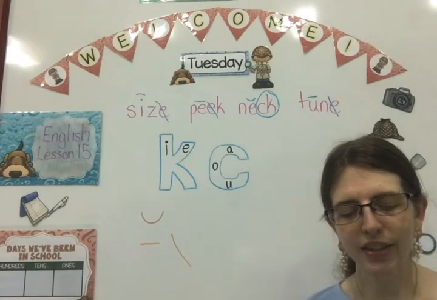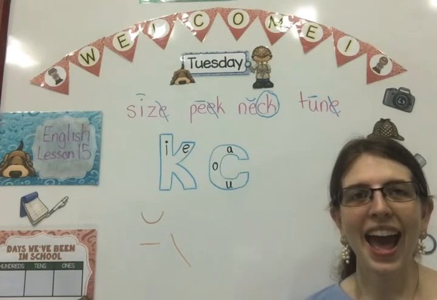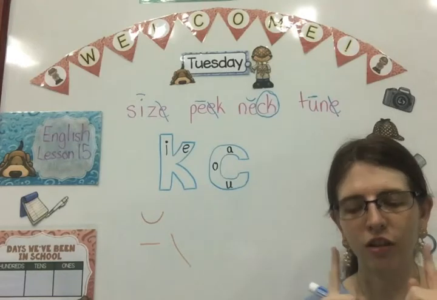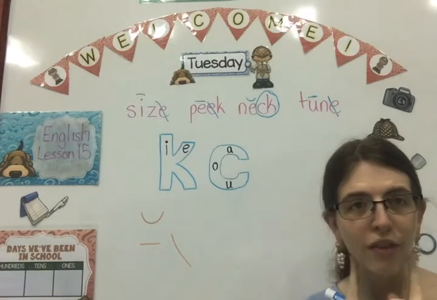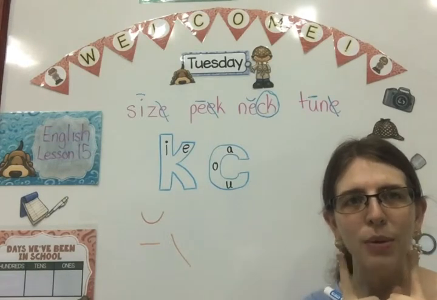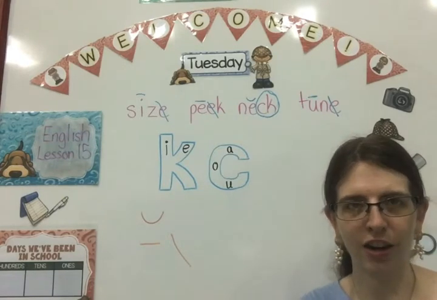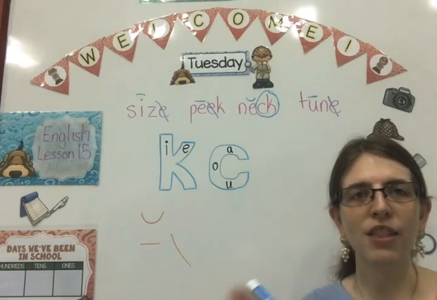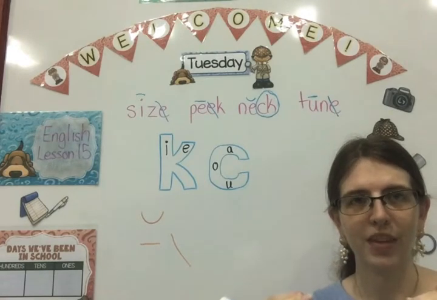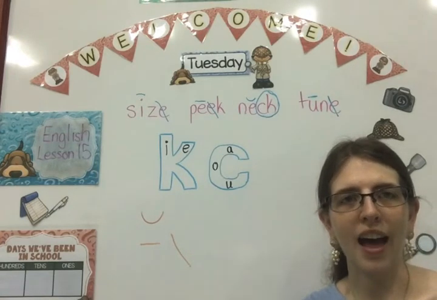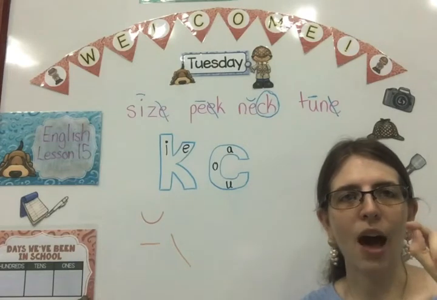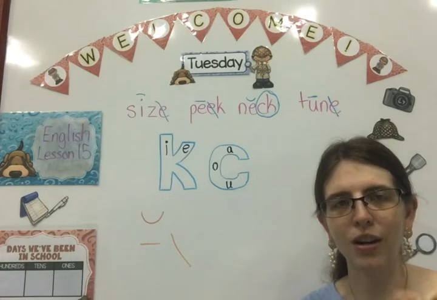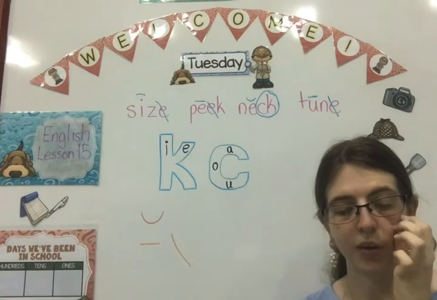So you have some pictures down there, and you want to match the long vowel sound or short vowel sound. You need to match the vowel sound with the picture. So I'm going to say the word for the picture. You need to draw a line from the vowel sound that you hear in that word to the picture, okay?